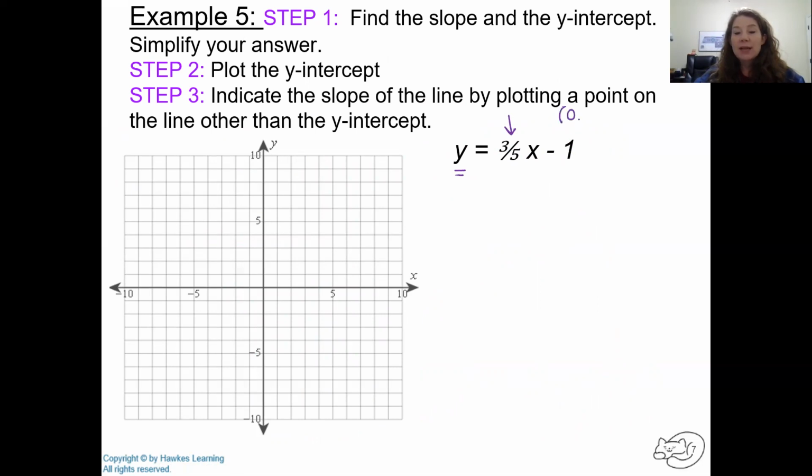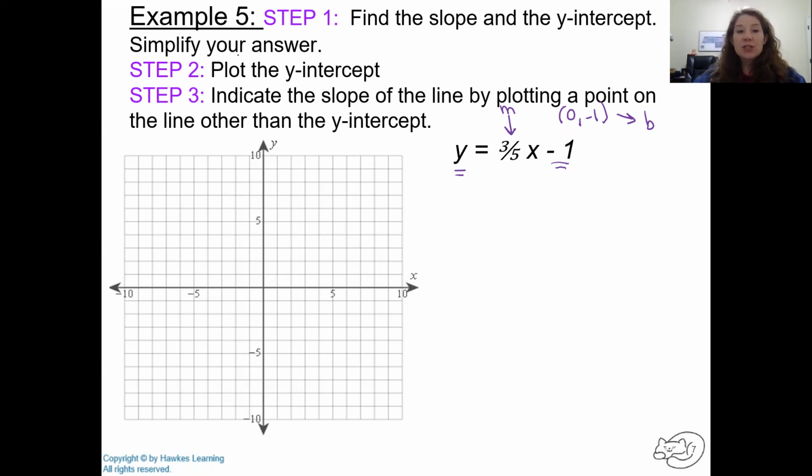Our y-intercept is (0, -1). That is the y-intercept. This is our slope, and our y-intercept is (0, -1). How do I know it's (0, -1)? Because this is the y-intercept, and the y-intercept is the y value when x equals 0.